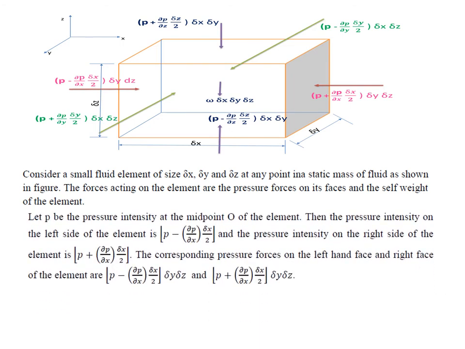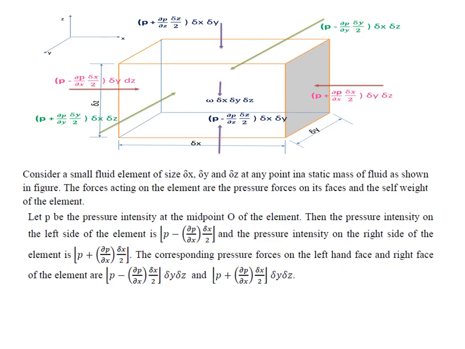Now how to write the pressure is also shown. The pressure intensity at the midpoint is P. Then the pressure intensity on the left side will be reduced, which will be P minus ∂P/∂X times ΔX by 2, and the pressure intensity on the right side will increase, so P plus ∂P/∂X times ΔX by 2. The pressure forces are always compressive, so they act towards the face.